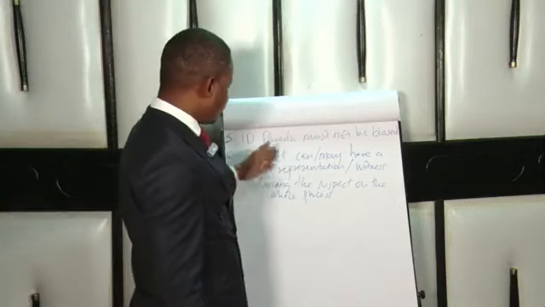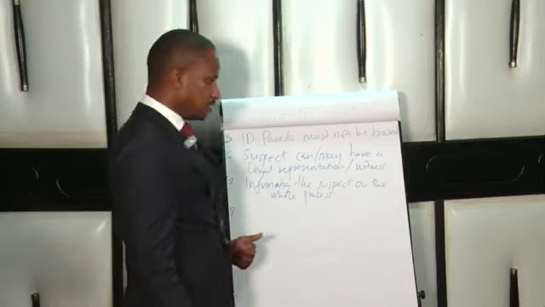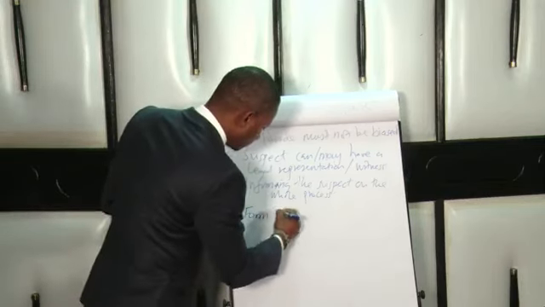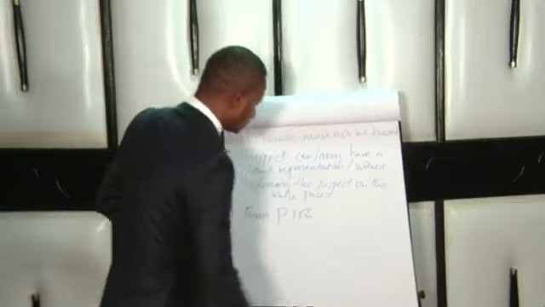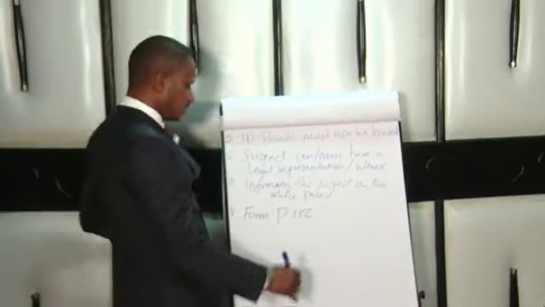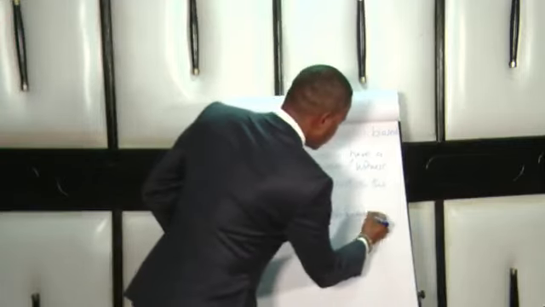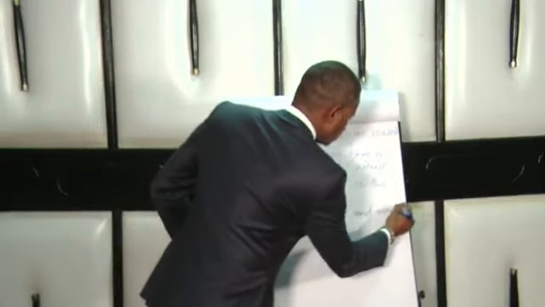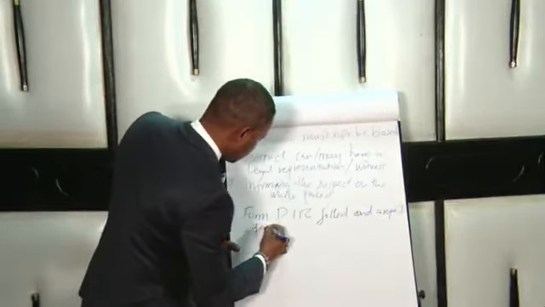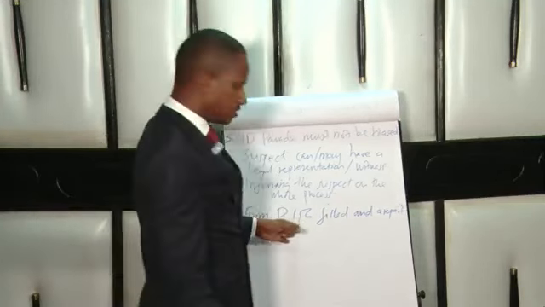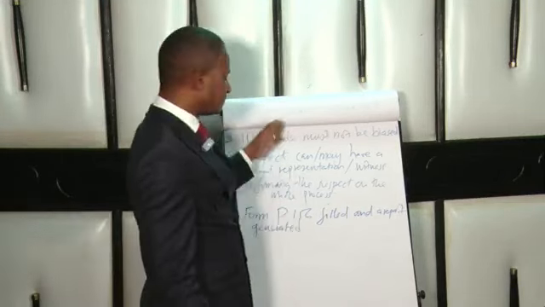Number 8, after all this is done, there is a form that must be filled called Form P156. You will confirm that. Filled and a report generated. That will be used, the report identifying the suspect.